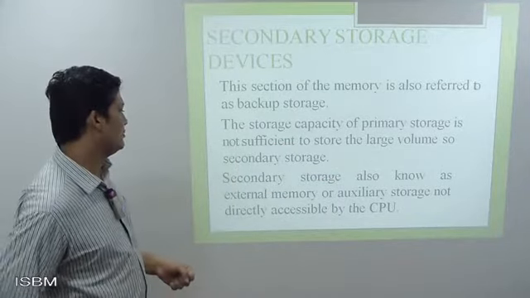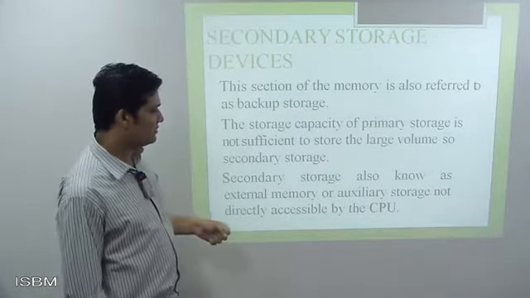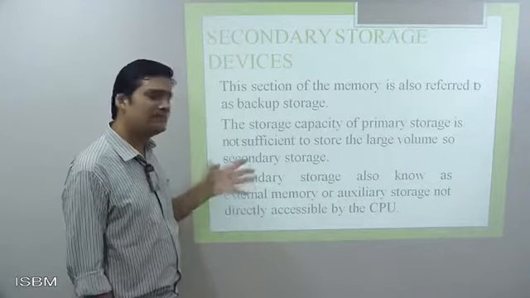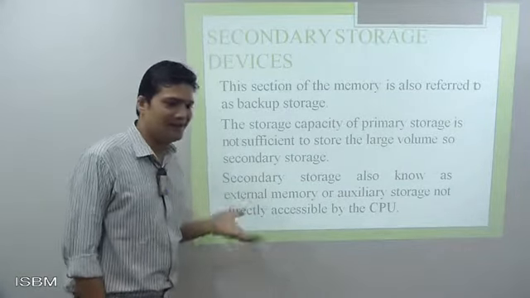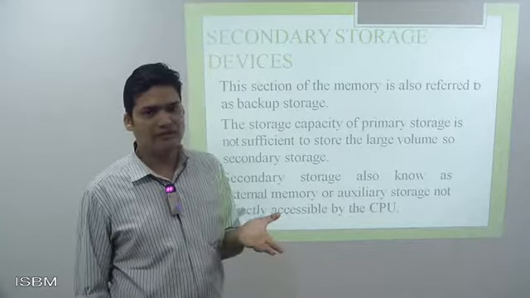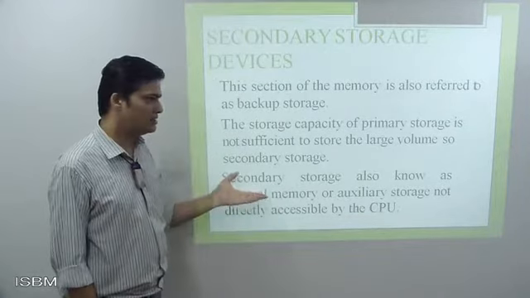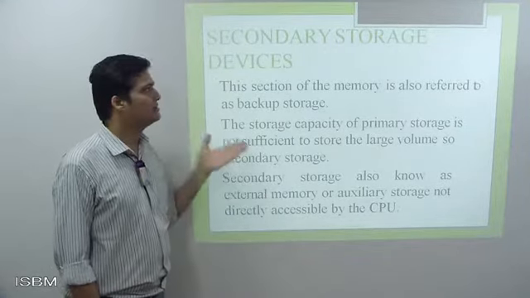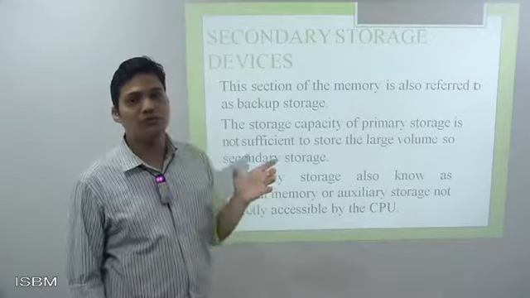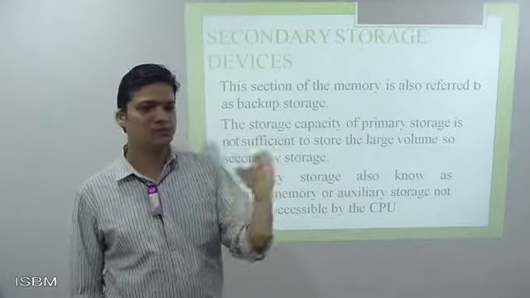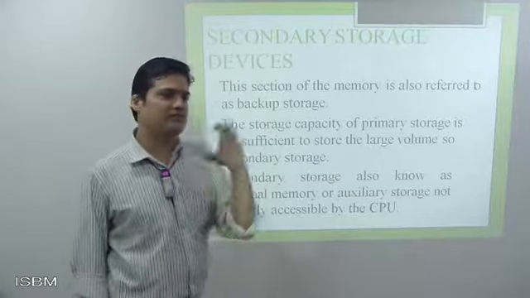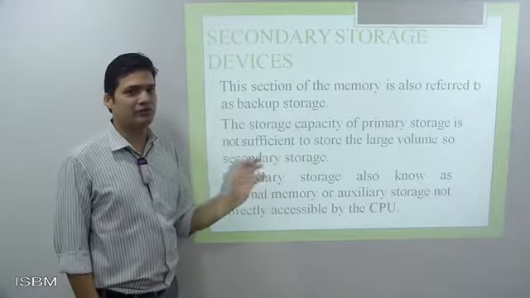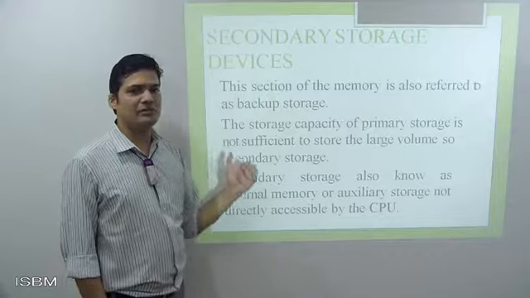Secondary storage, also known as external memory or auxiliary storage, is not directly accessible by the CPU. You can use an external hard drive, available in the market nowadays, which is used externally with the system, and you can store data directly from the system to the external device.